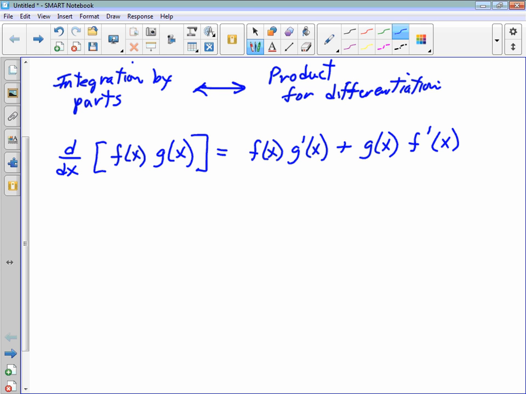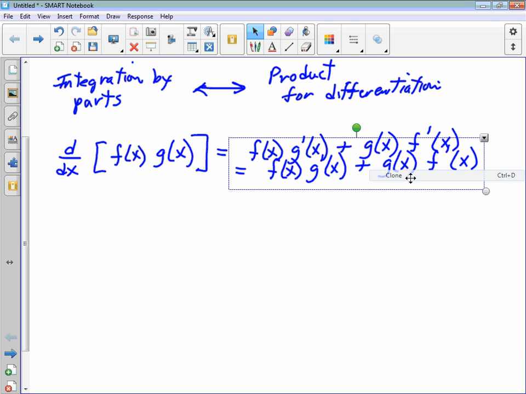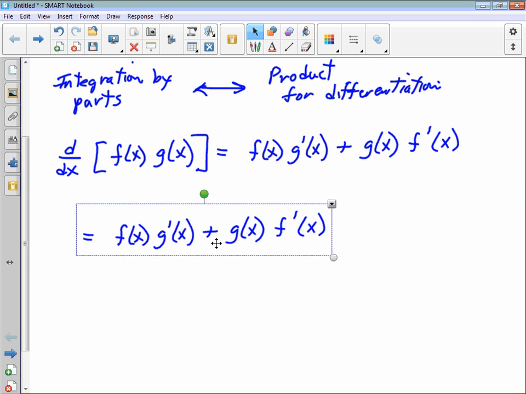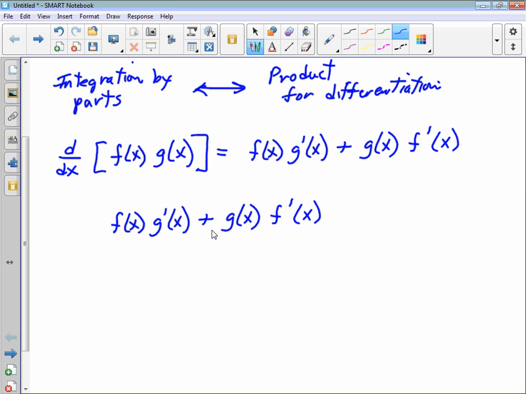No worries. So if I wanted to take this part right here, the second part of this, and clone it, move it down here, and you know what I'm going to do: take the integral of that product rule result.